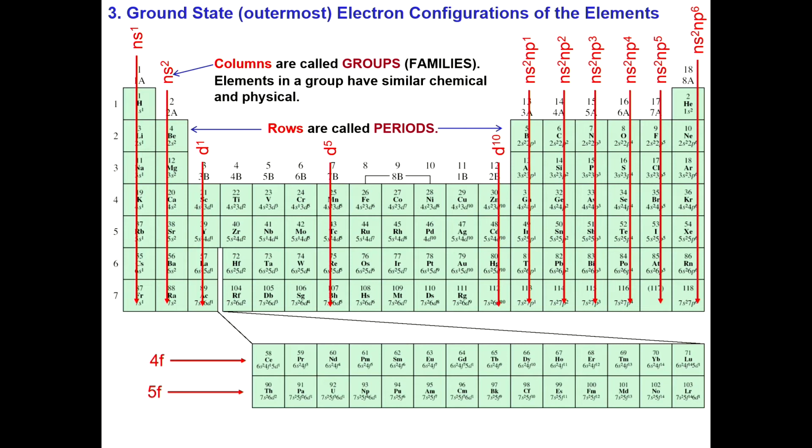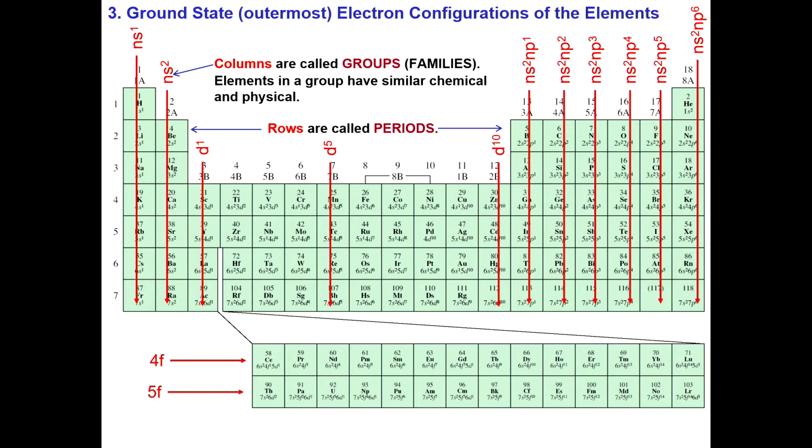Okay, so basically, in the same group, the elements have the same outside electron configuration. For example, for group 1A, the most outside electron is filled in the NS orbital.